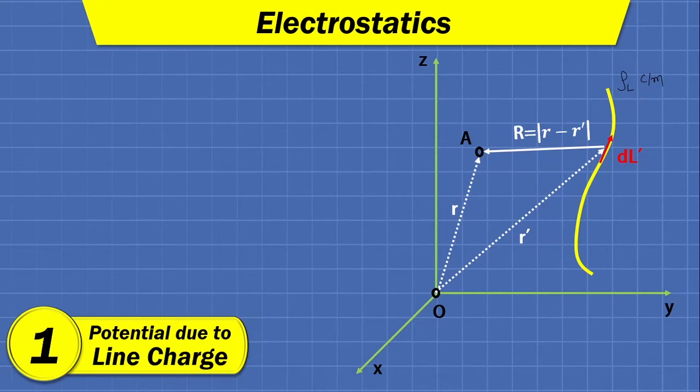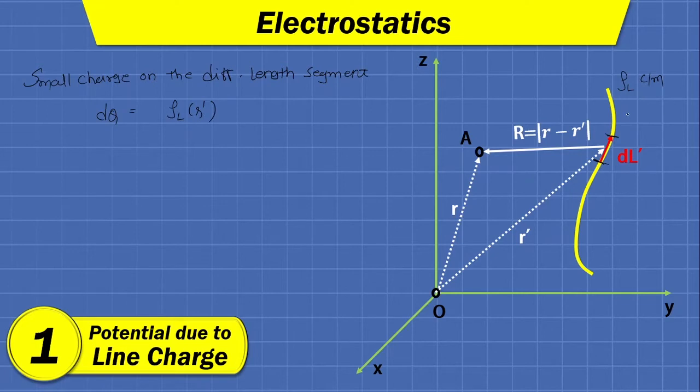Having this information, we can write the small charge on the differential length segment. Here we can say dq, the small charge on this length segment dl prime, will be equal to rho L, which is a function of r prime.